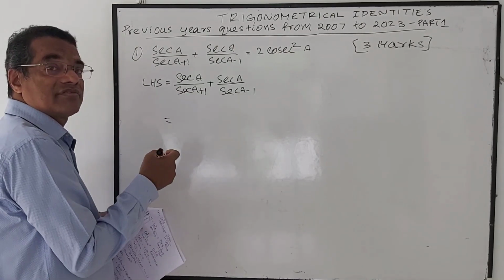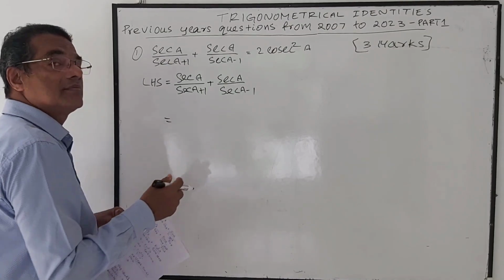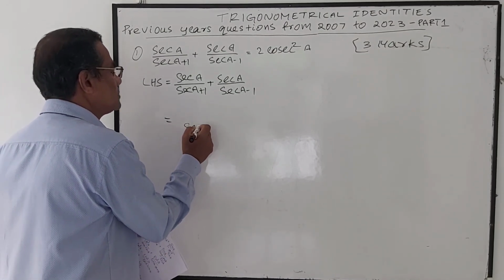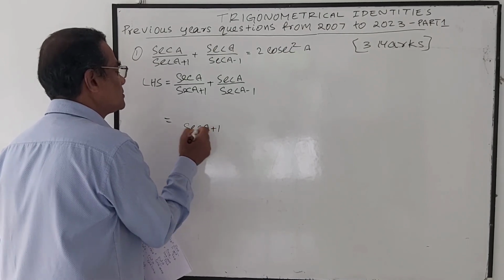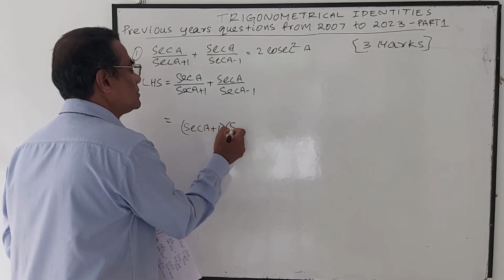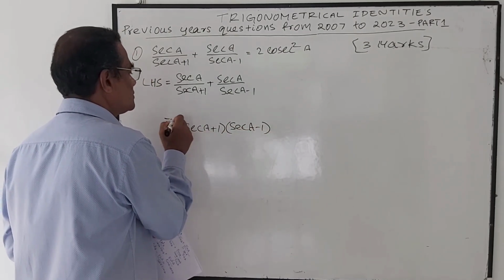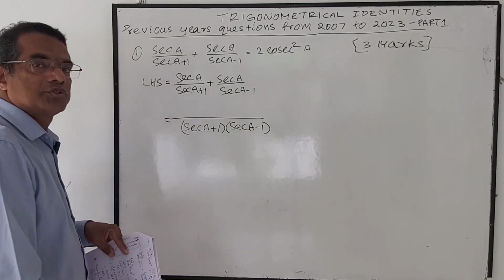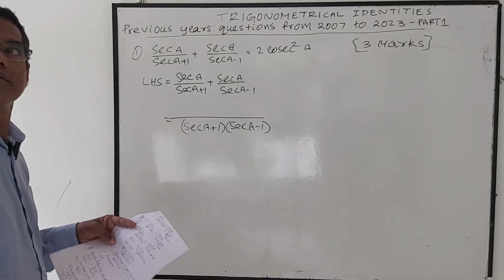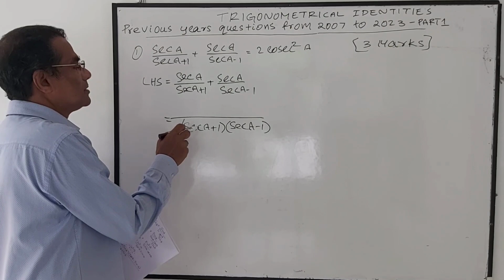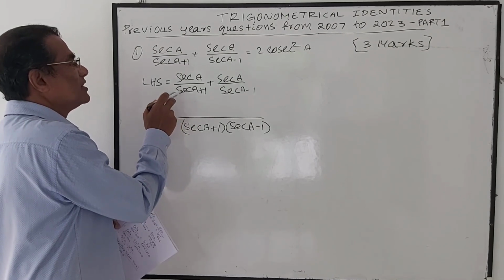The denominators are different, so we will take the LCM as the product of the denominators, cosec A plus 1 into cosec A minus 1, in the usual way of adding numerical fractions. Divide this denominator by the denominator of this fraction.